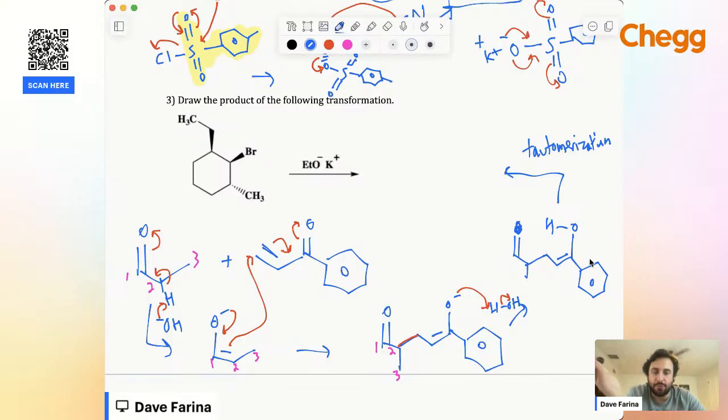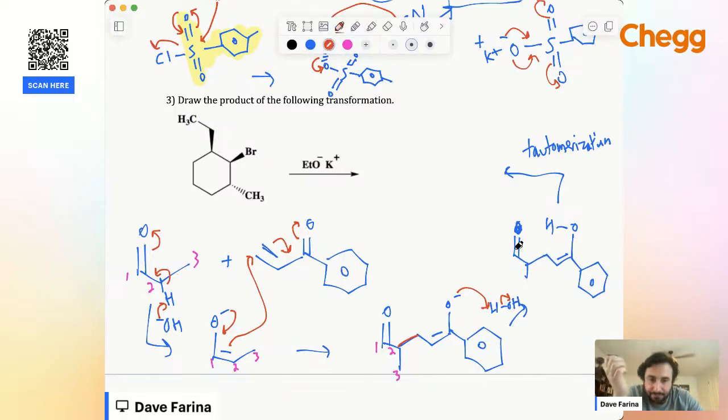So this is the enol form because it's an enol, right? We have a hydroxyl on a carbon that is also participating in a double bond, in a carbon-carbon double bond. So it's an alkene, alcohol, enol. And we're going to convert, it's going to isomerize to the keto form because of thermodynamics.